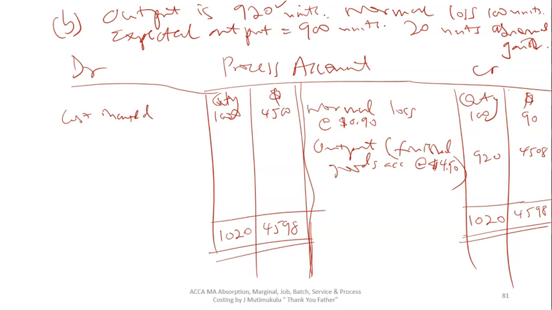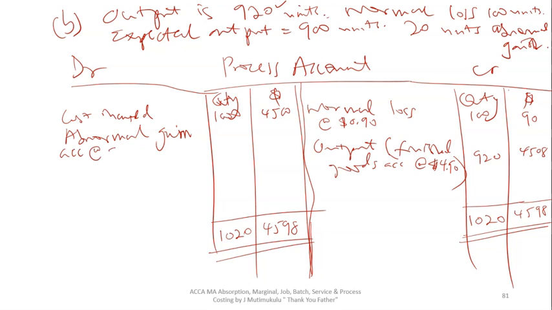So obviously the abnormal gain is actually going to be this part. Abnormal gain account, right?